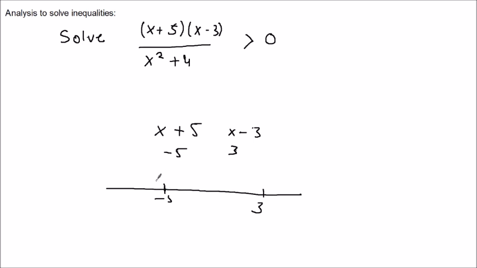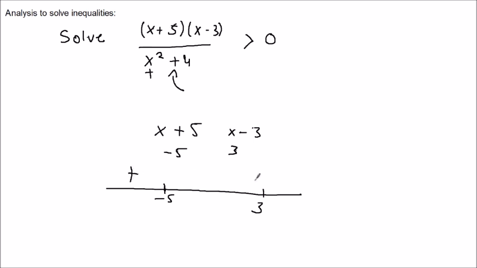The x squared plus 4 we don't have to worry about, and the reason why is x squared is always positive. It's always positive. So if it's 0, it'll be positive. If it's 1, it'll be positive. We don't have to factor it into x minus 1, x plus 1 because it's not a minus, right? So we have -5 and 3 here. And this is an x squared, and it's positive, so the end behavior will be positive, positive.